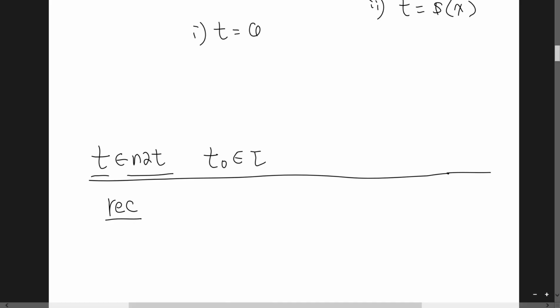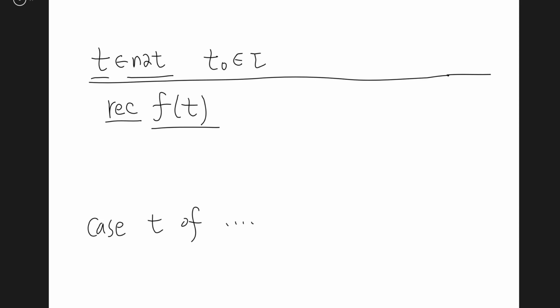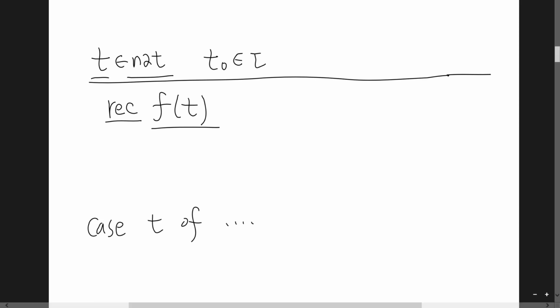And let's just say we are currently calling this recursive function f with the argument of term t. So this is the new context. In the previous elimination form, we just had this one, case t of and so on. But now, in order to introduce the new element, namely primitive recursion, we introduce this recursive function f.